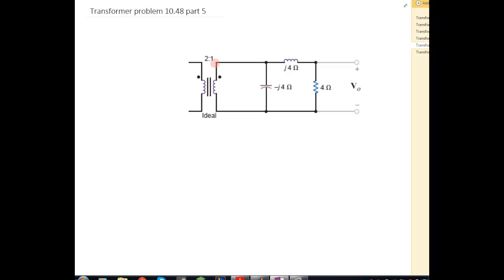Okay, so now we want to fold that into our circuit. So here's our Z Thevenin, 2 minus 2j, and our Thevenin equivalent voltage, 48 volts.